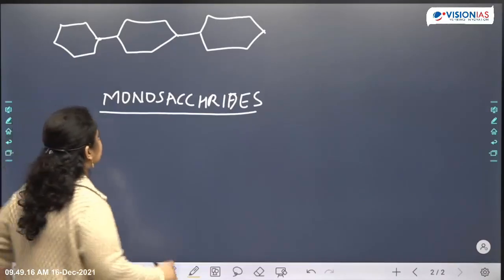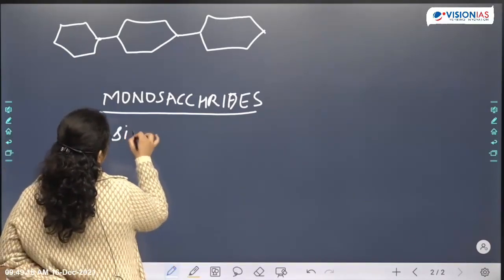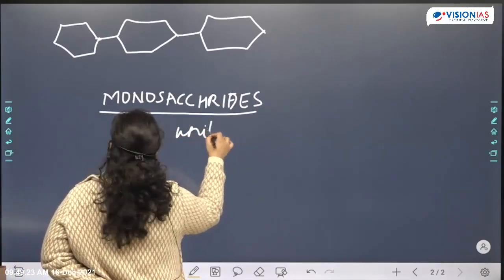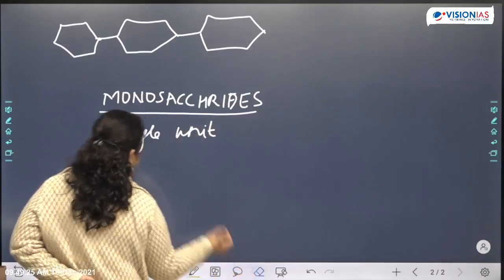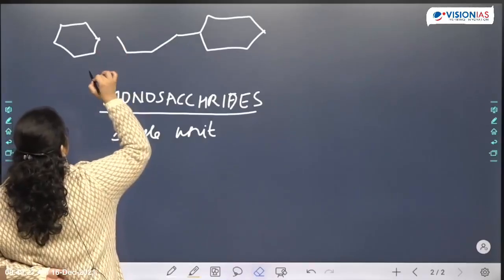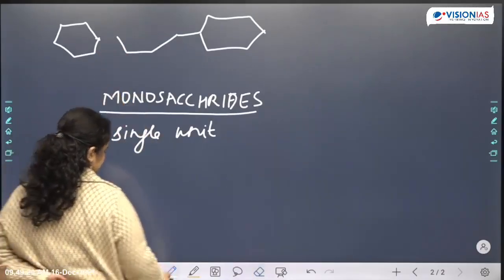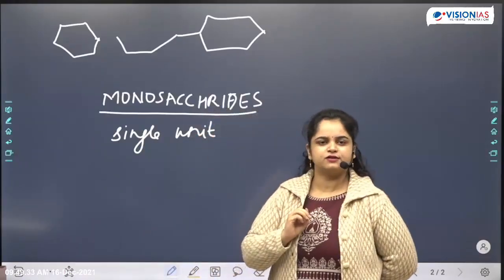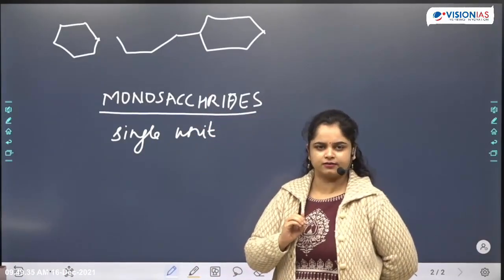So monosaccharide contains one single unit. If we were to look at it here, if we do not have this bond, then this would be one single unit, which we can call the monosaccharide.